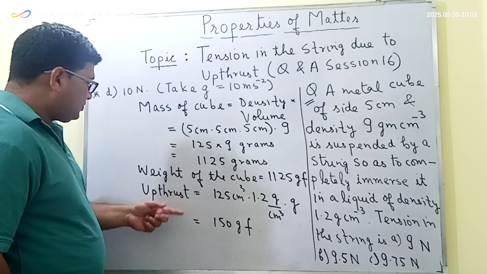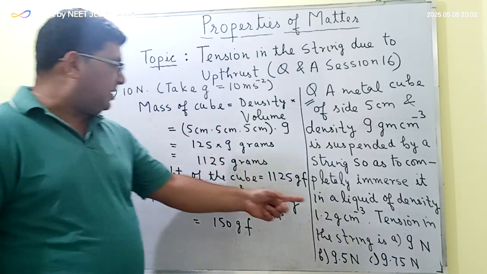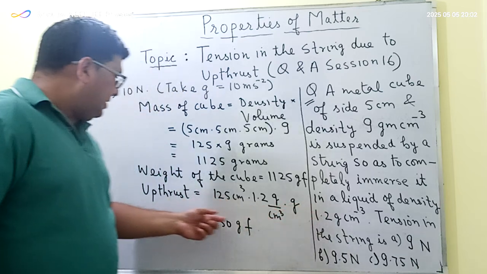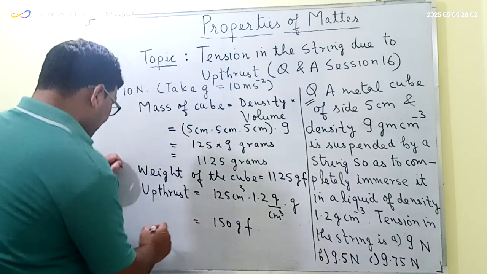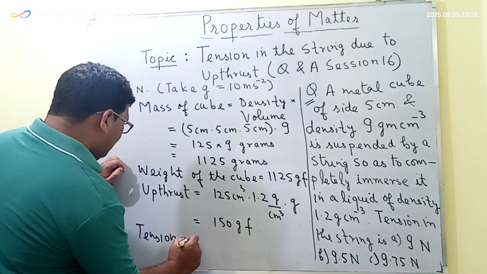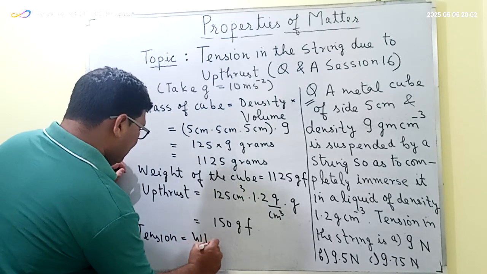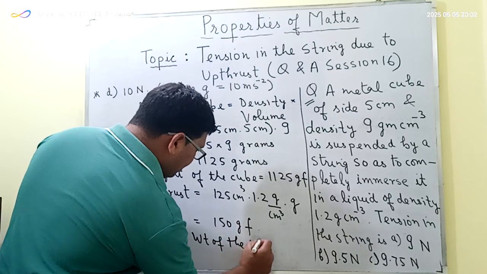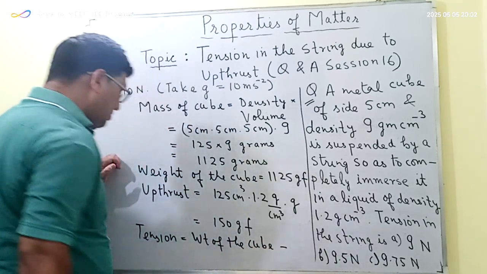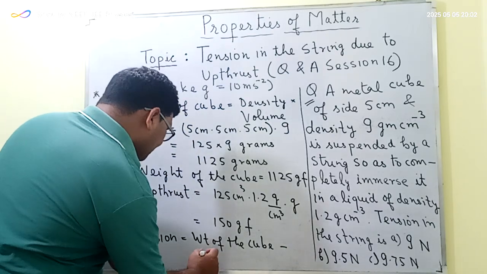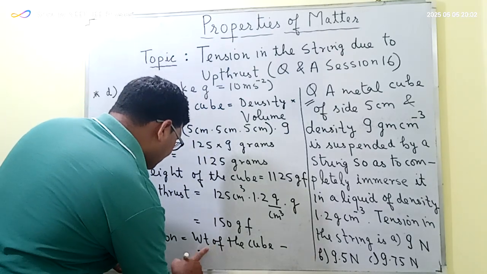And so the tension in the string will be equal to the weight of the cube minus the upthrust, which is acting vertically upward.